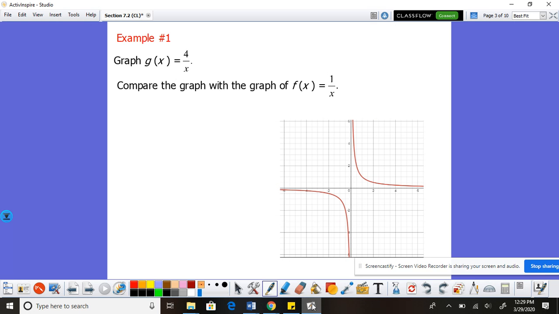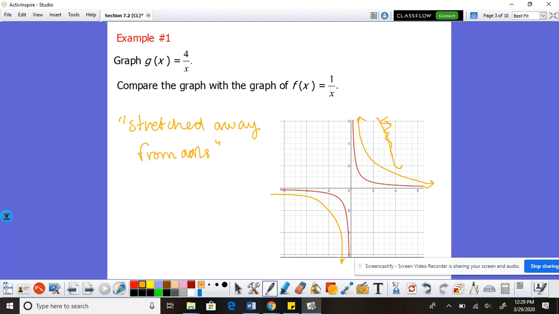So if I wanted to draw that, I could draw it, let me get a different color, would be like here and here. Okay, so if I wanted to describe it, I would say that it is stretched away from the axis.